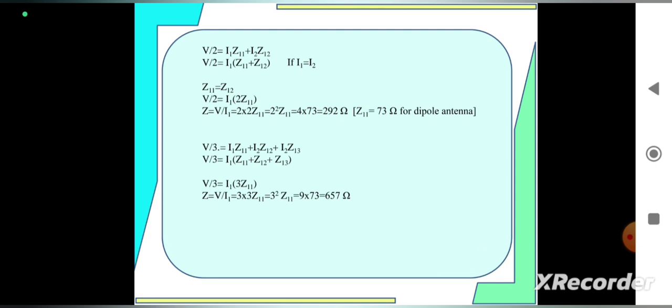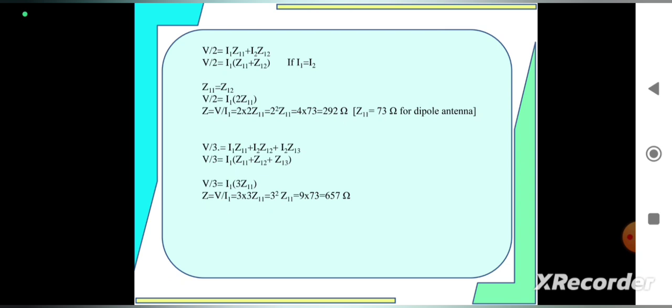Here I1 is equal to I2, so substitute I2 equal to I1, taking common terms outside. I1 is common: I1 into Z11 plus Z12. Z11 is equal to Z12, so V by 2 is equal to I1 into 2 Z11.